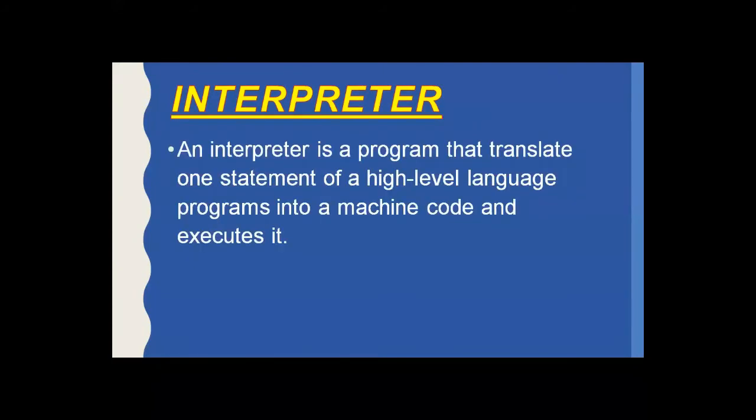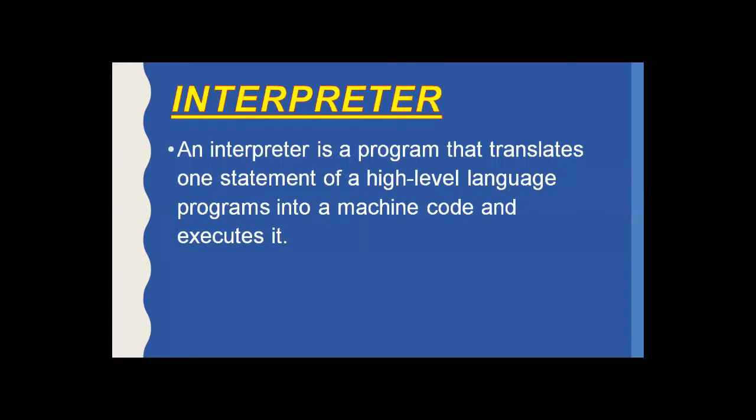Now the next one is interpreter. An interpreter is a program that translates one statement of a high-level language program into machine code and executes it. What is the difference between compiler and interpreter? A compiler can read the whole program, but an interpreter translates one statement at a time.